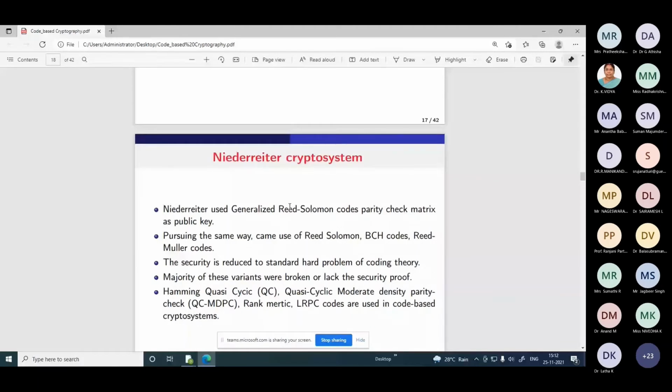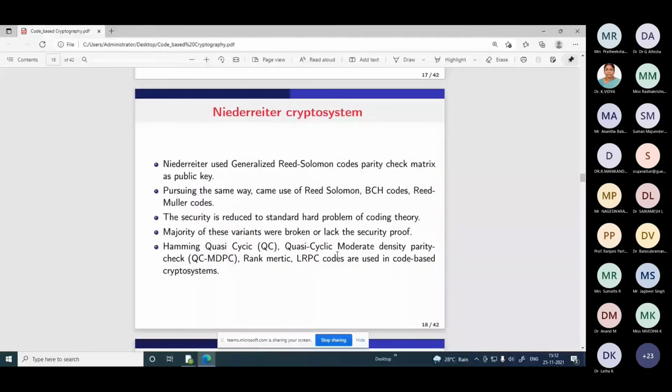But all these codes reduce to the standard hard problem of coding theory, that is the syndrome decoding or general decoding problem. Majority of these variants were broken due to the lack of security proof. They reveal the structure of the codes, right? When Hamming, quasi-cyclic, low density parity check codes, and rank metric codes are used in the place of GOPA code in McEliece or Niederreiter, the structure is completely revealed by the structural attack.